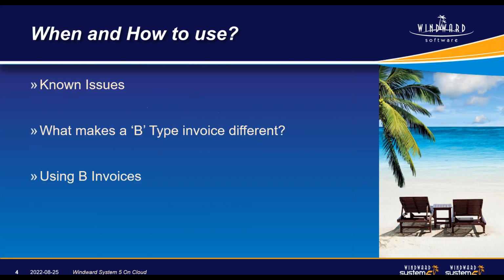Next one is when and how to use. Before we know when or how to use B-type invoices, we need to know that there are known issues. B-type invoices can cause issues with other features within the system. This feature was created to meet very specific requirements and should only be used if none of the other known invoice types meet your business needs.